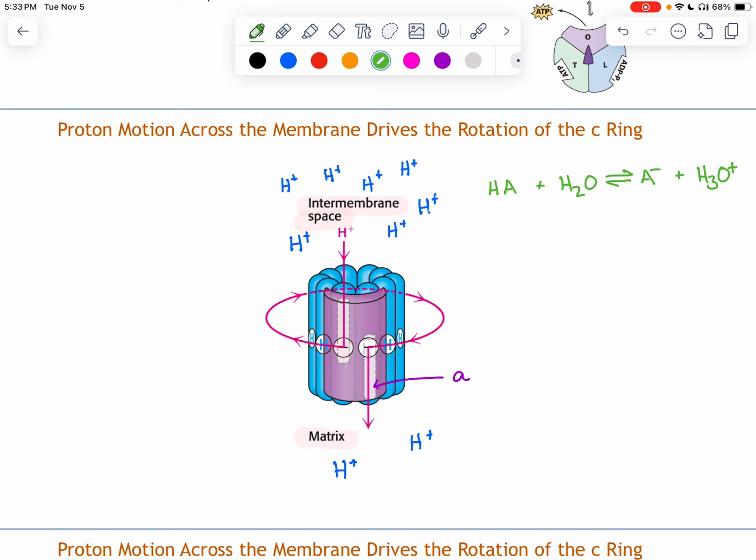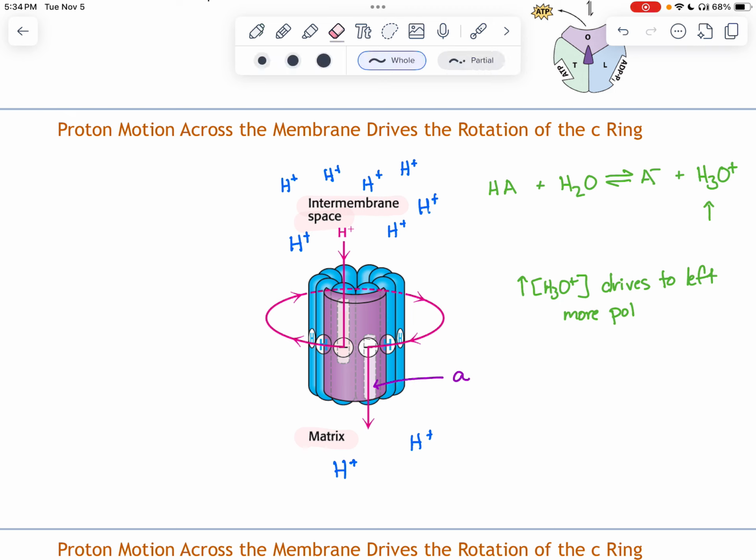If I increase the amount of H3O+, I would expect that to drive this reaction back to the left, right? So if we increase the concentration of H3O+, it drives the reaction to the left. It means that our acid would want to be more in the protonated form.